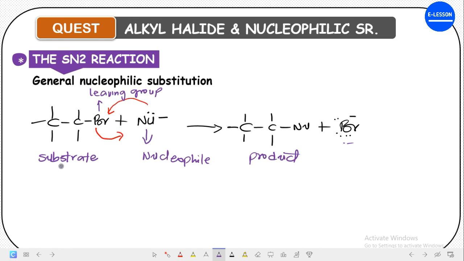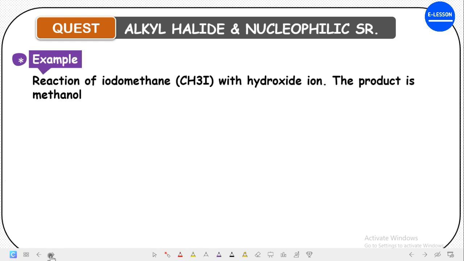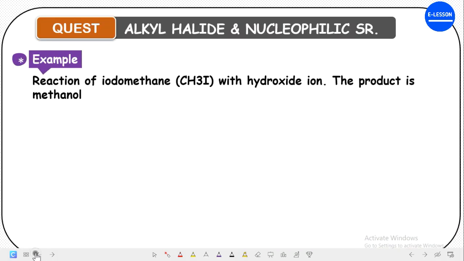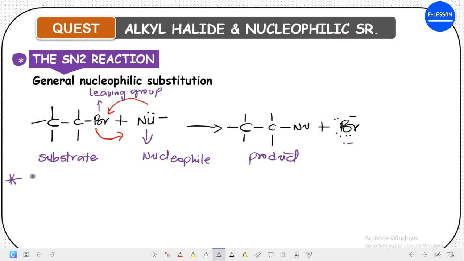Now, what are some of the conditions that must be satisfied for a reaction to be SN2? One of the conditions that must be satisfied for a reaction to be SN2, it must have a powerful nucleophile.